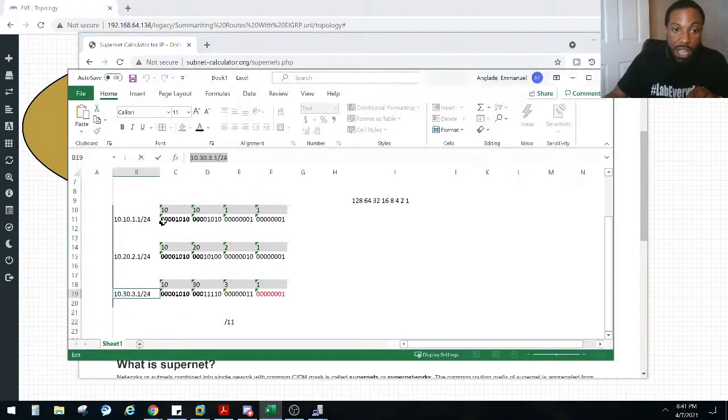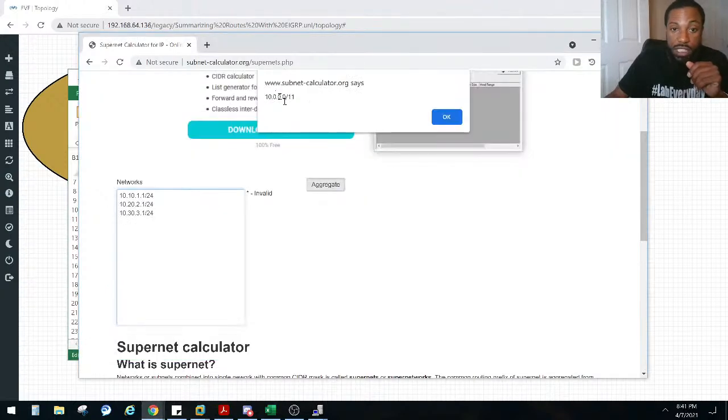We just counted the common number of bits. That gives us the subnet mask. Now, that's the tricky part that I couldn't remember, how to get the actual network address. The subnet mask part was the easy part for me. I just couldn't remember how to do the subnet, the actual subnet, which is the 10.0 network /11.